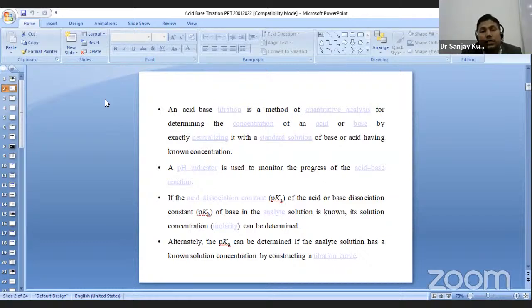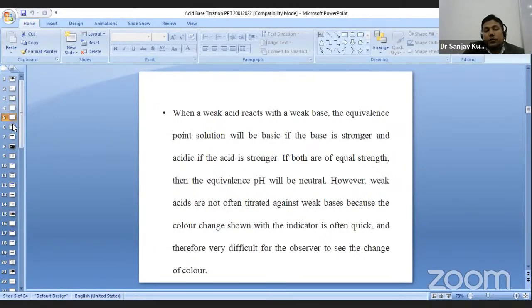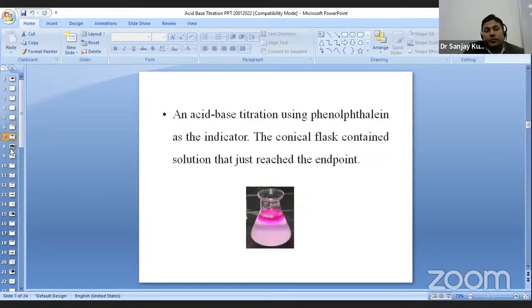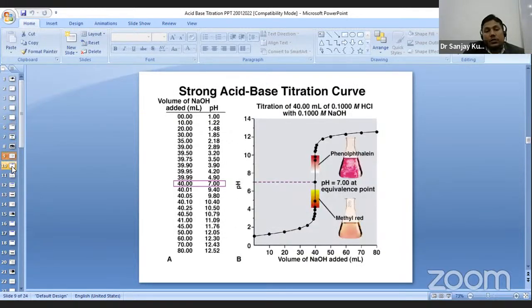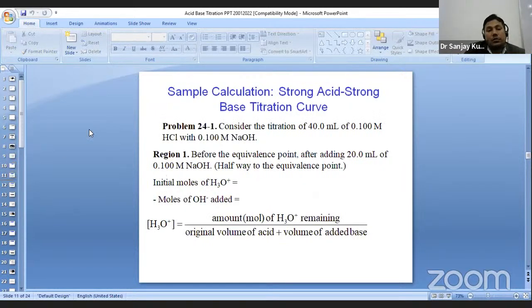So here we can see compounds like a strong acid or a strong base, when we add the indicator. With the help of the formula already shared with you all, there are different calculations.